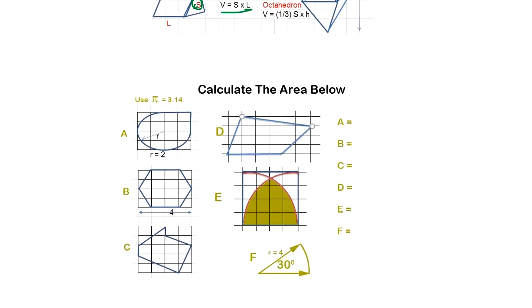Okay, calculate the area below. So now you know how to calculate those. You have to divide into multiple pieces and add them all. This one, how do you do that?